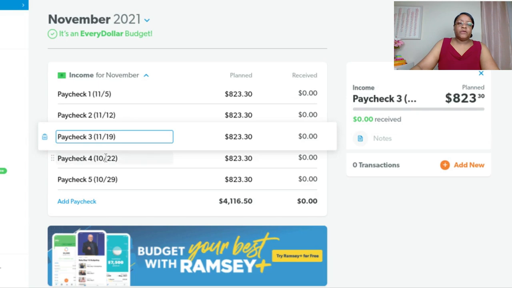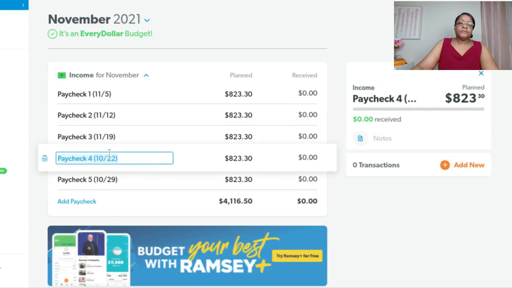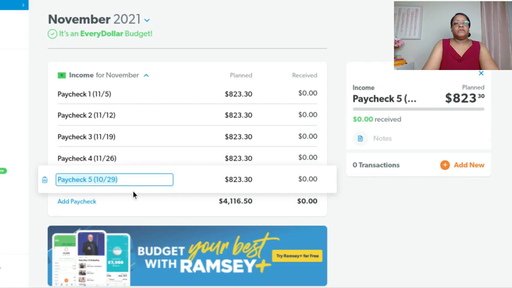And since there's only 4 Fridays in November, 11/26. Now paycheck number 5, what we're going to do is just change it and put rollover from October.